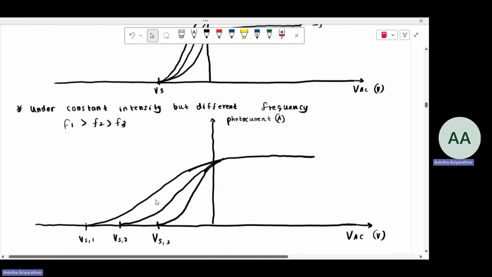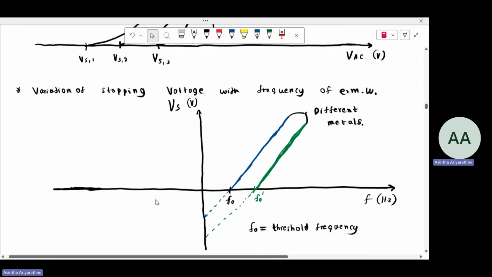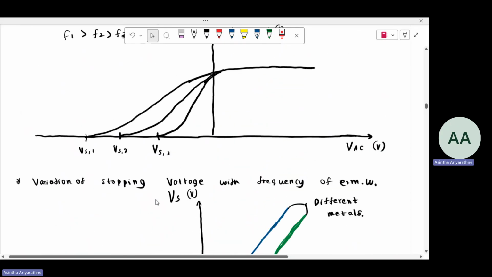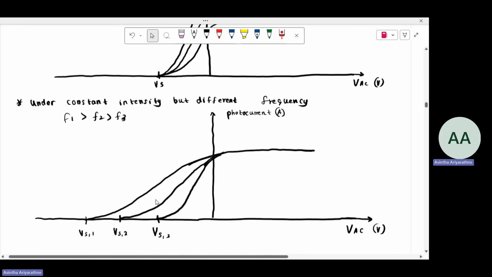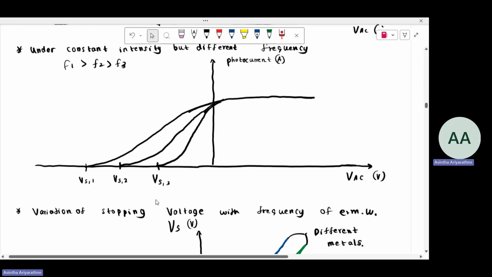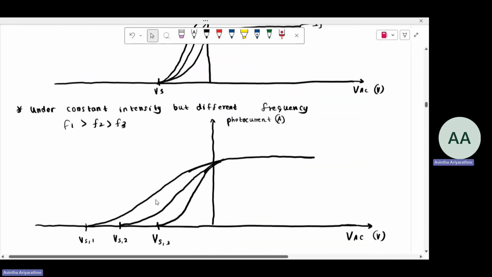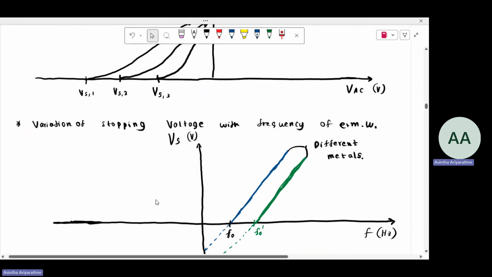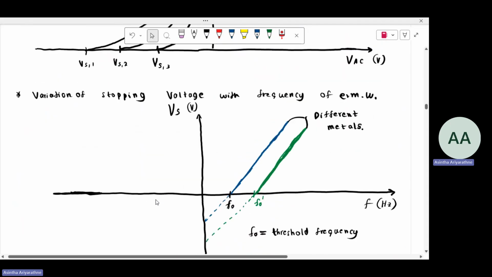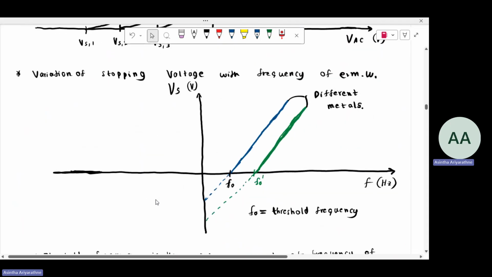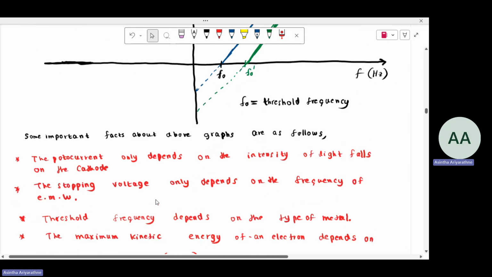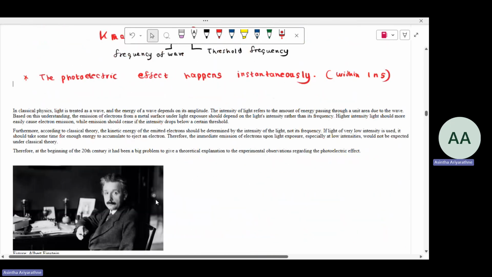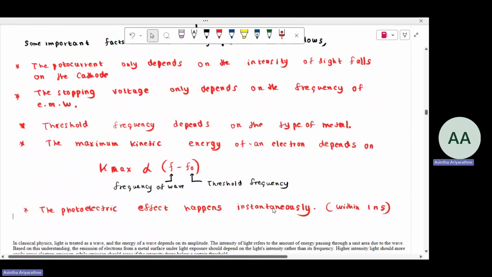So the kinetic energy of the electron totally depends on the frequency of the wave, and that is one contradiction between the photoelectric effect and the behavior of waves. Another is that the photoelectric effect happens instantaneously.